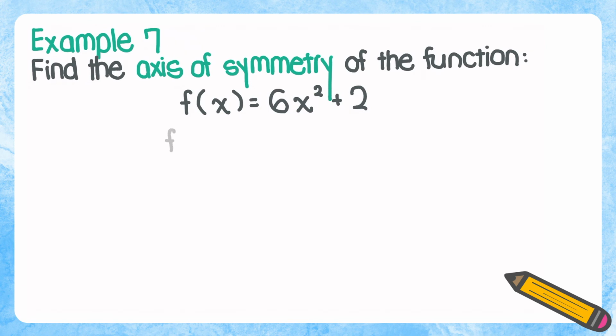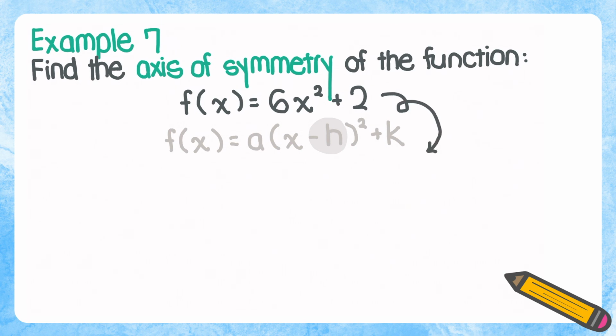We have f of x equals a times x minus h quantity squared plus k. Notice here we're missing this entire h portion. What do we use to symbolize emptiness?